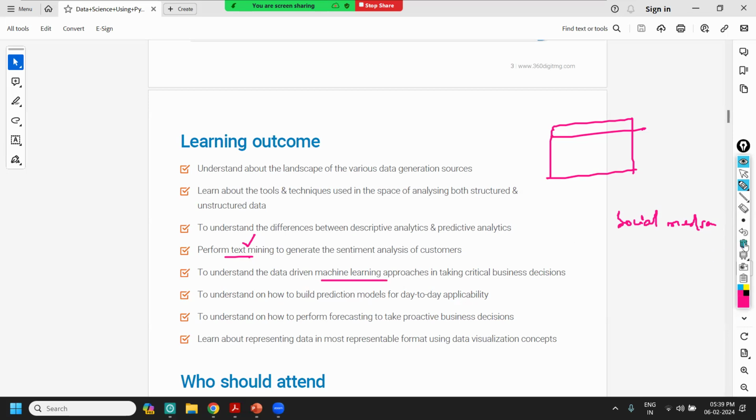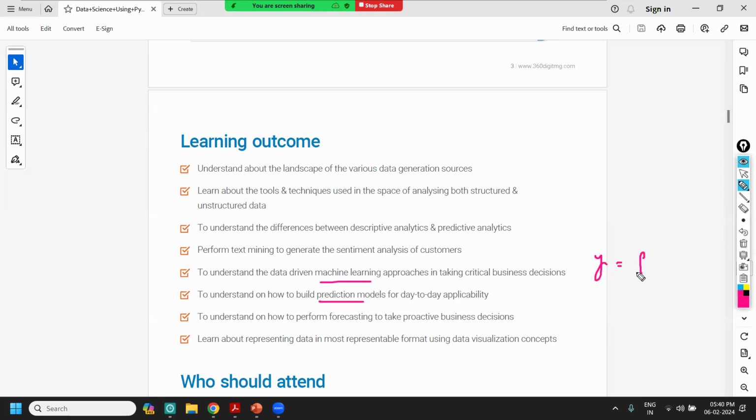We learn different statistical and machine learning algorithms. How do we use these techniques to build prediction models? We call them models because they try to represent a pattern. This is a base form of the equation that we use to represent a machine learning model. So this is called the base equation.